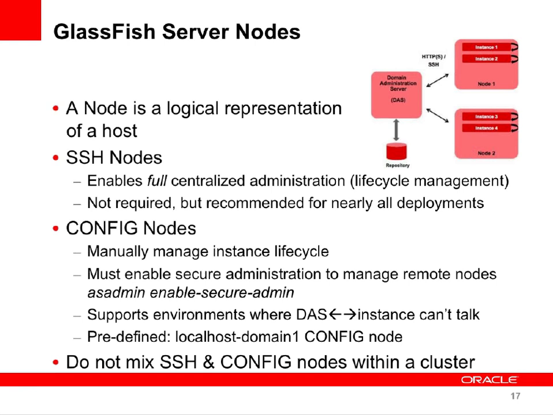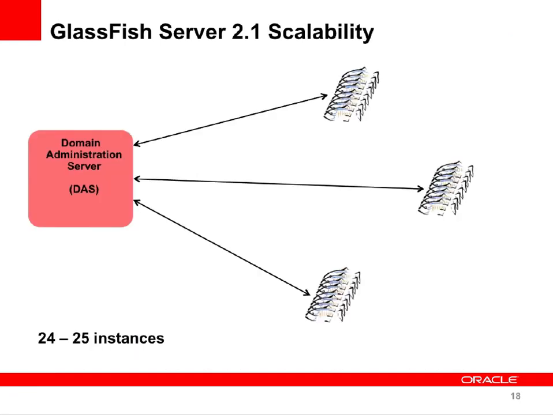When you say start cluster, it's going to want to use SSH to start the cluster on all the remote instances. And if you have some config nodes, those nodes won't be started. So even after you say start cluster, if you mix config nodes in with your cluster, you'll then have to log into those nodes and actually run start local instance. And as you explode the number of managed clusters in a DAS, it can just be mentally hard to track. So that's the reason why I recommend not to mix SSH and config nodes within a cluster, although technically you can do it.